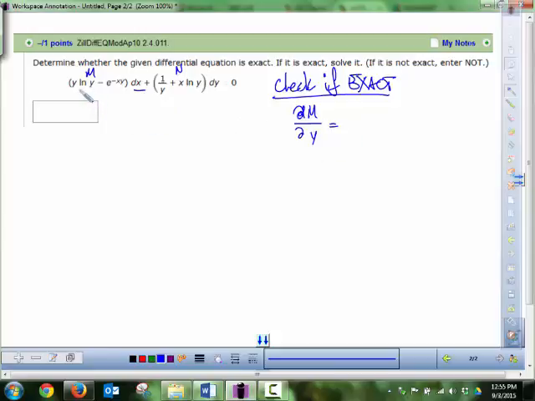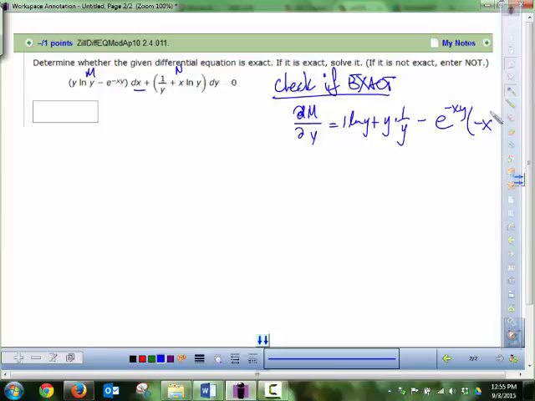And with respect to y, start off with a product rule. Derivative of the first times the second, plus the first times the derivative of the second. And then with respect to y over here, treating x as if it was a constant, that's e to the negative xy times the derivative of the numerator, which is negative y. Y is the variable, x is a constant, so what should this be?